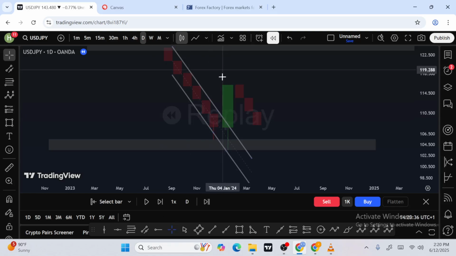The body of this bullish candle, not the wick, the body. The body of this candle must close below the liquidity of this, yes, the wick of this, before you can say that it has been invalidated.